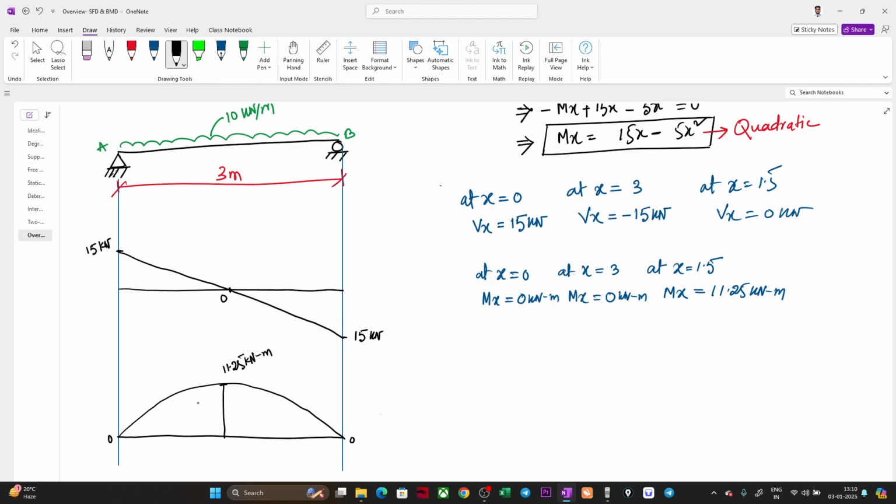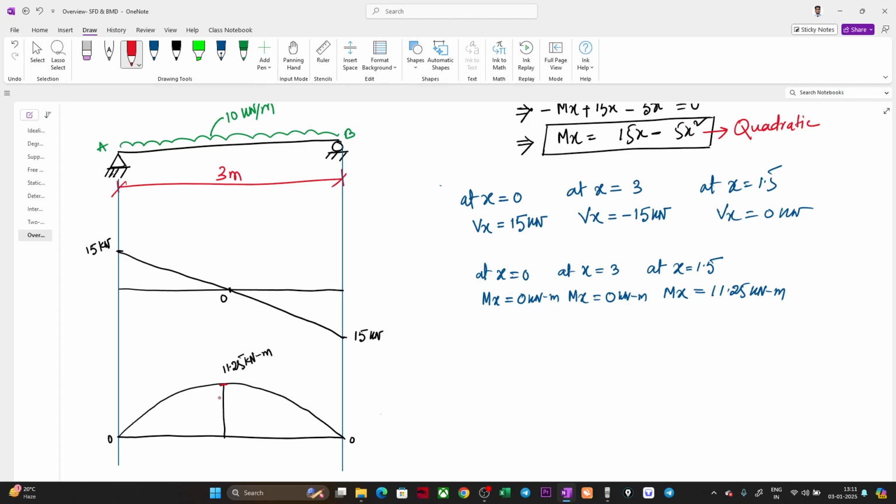Now the problem with this diagram is our bending is happening at the bottom of the beam, and in this diagram we are writing the moment which is actually occurring at the bottom face of the beam. The tension is happening at the bottom, right?